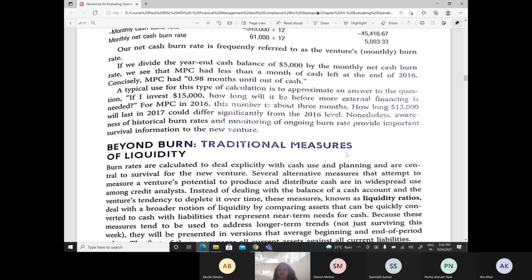For MPC in 2016, this number is about 3 months. So you would know exactly when you're going to run out of cash and when is the time that you need external financing. How long 15,000 will last in 2017 could differ significantly from the 2016 level. Nonetheless, awareness of historical burn rates and monitoring of ongoing burn rates provide important survival information to the new venture.